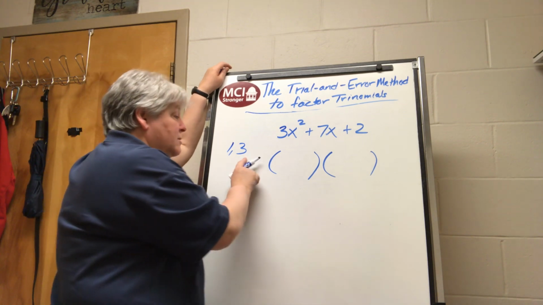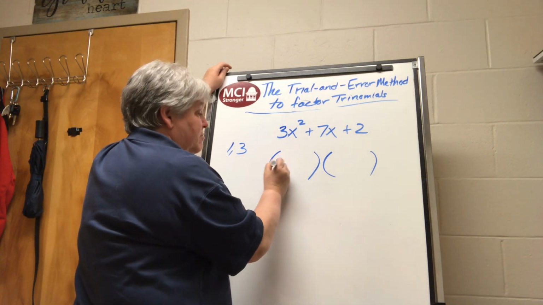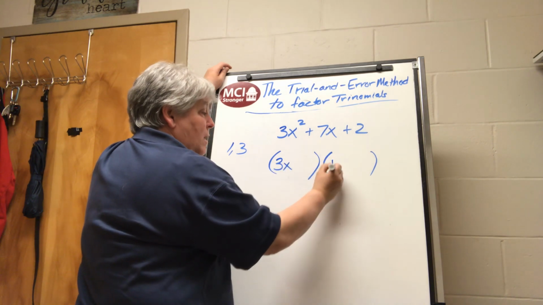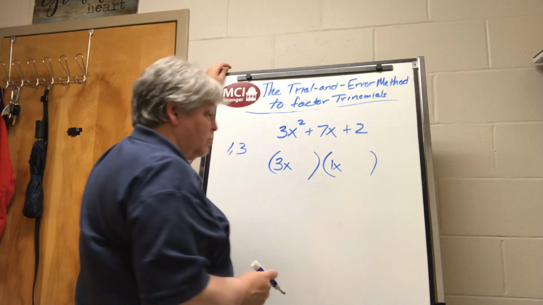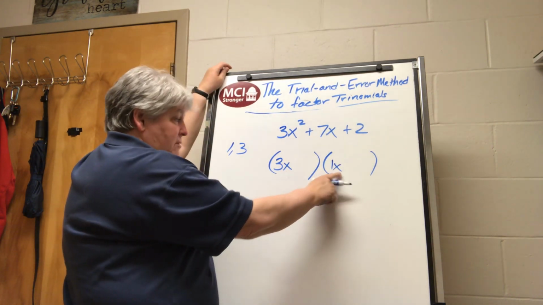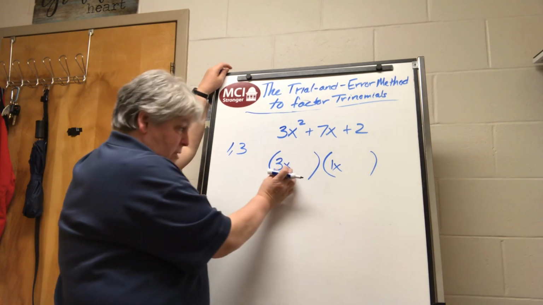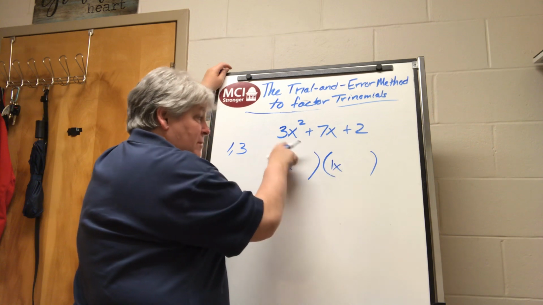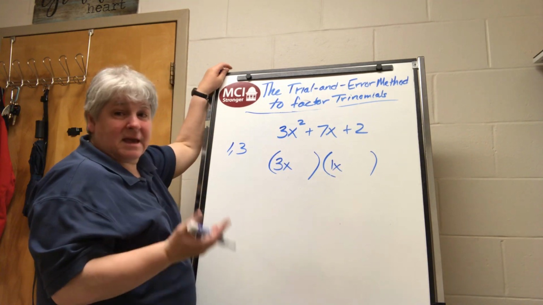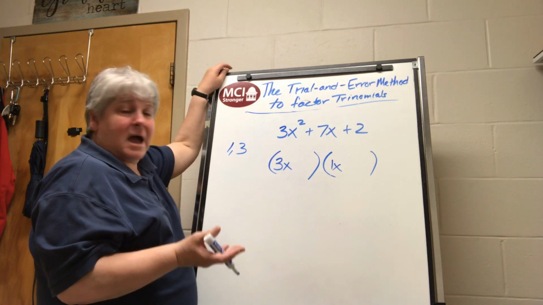Since that's the case, I know there has to be a 3x and a 1x in these two locations. Now, I threw the x in there because I knew I also needed an x squared. So do you agree 3x times 1x gave me this? So I'm testing these things out.